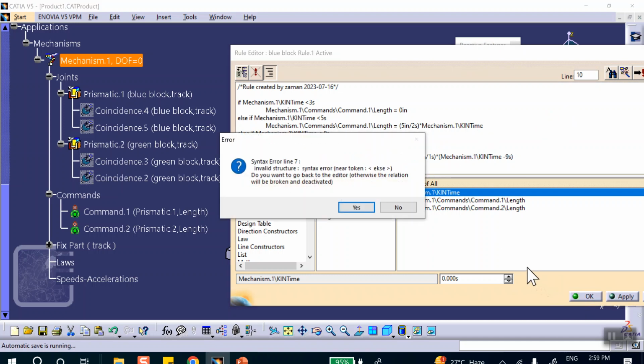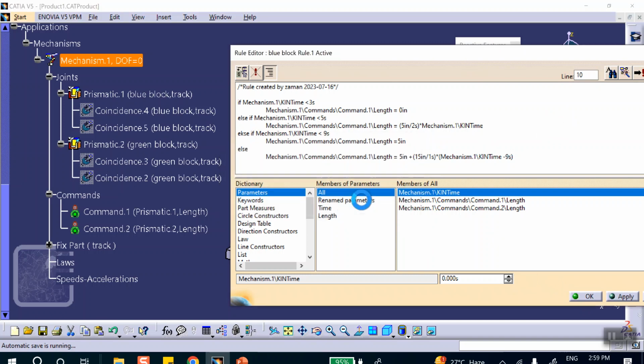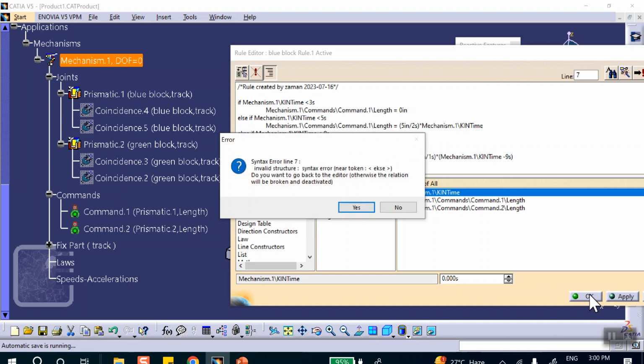We just say okay. Oh, there's something wrong here. Let's check it. So over there, else if time is less than 9 seconds, see, when I try to close this thing, it tells me that there's a syntax error, and you can see that.